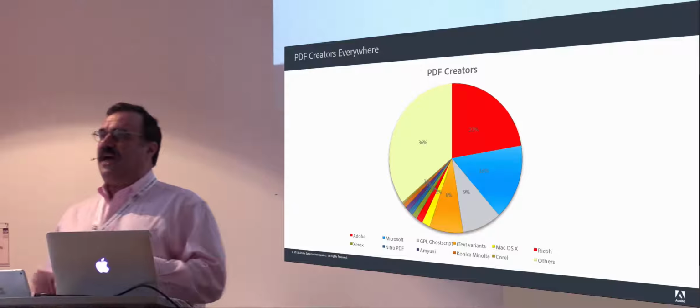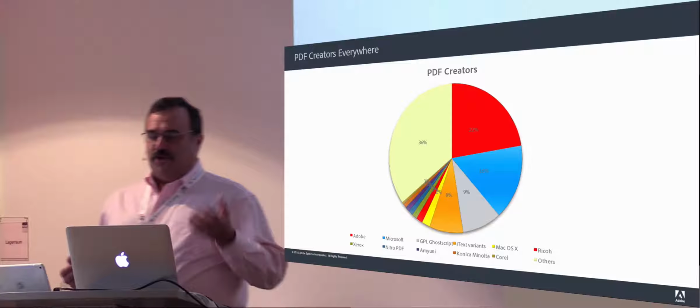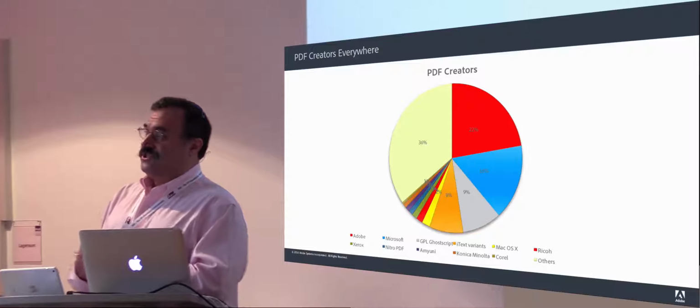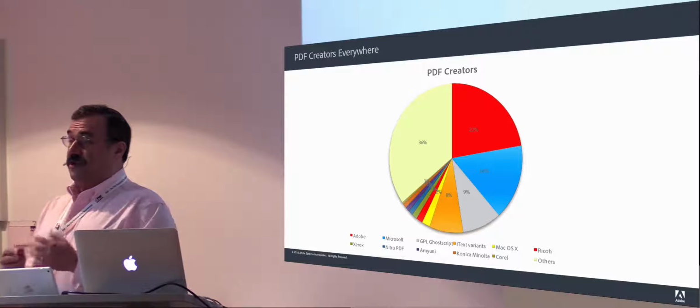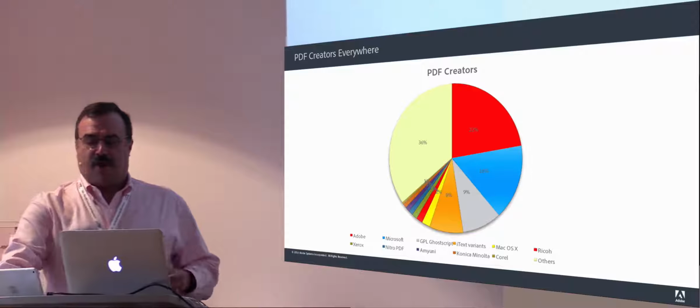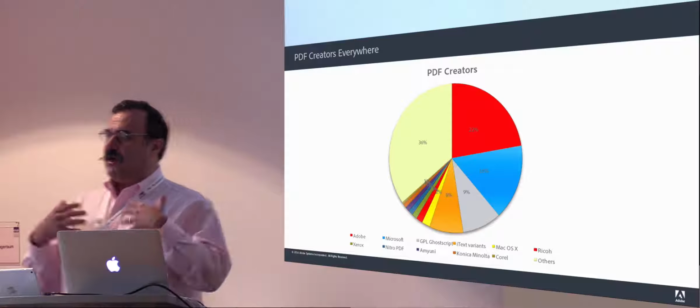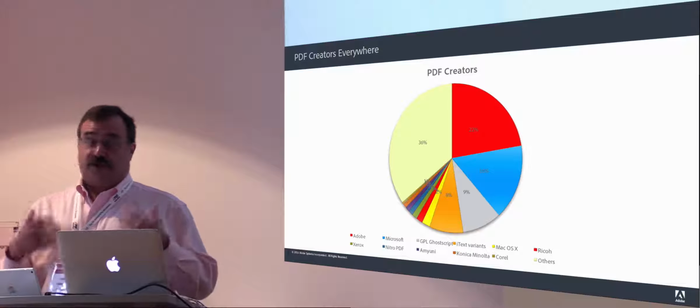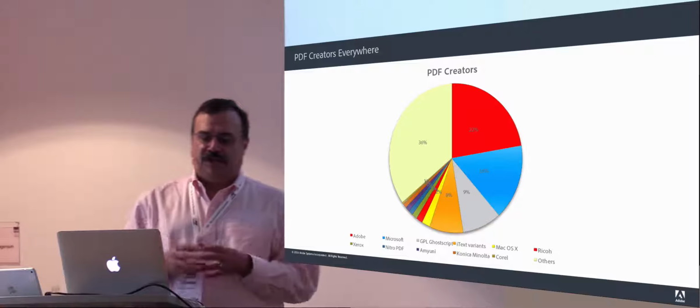I thought I'd start with PDF creation. So this is a look at the breakdown of creators that we've seen recently. This is some fairly recent data coming out of our products. And I will point out that all of the data I'm going to show you is coming from our products. And I'll talk a little bit about what that really means in a bit.